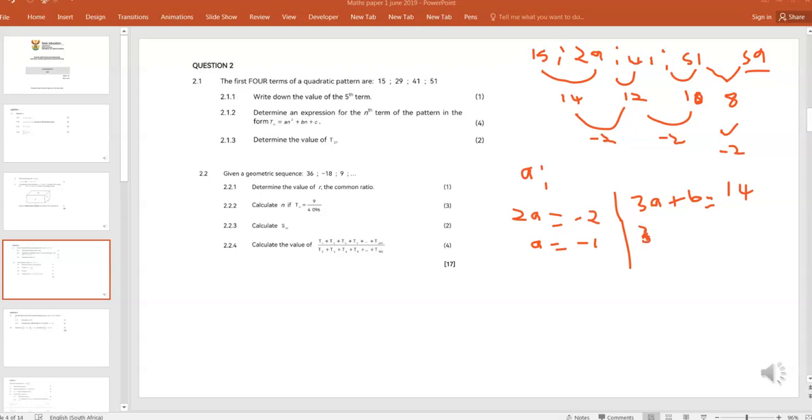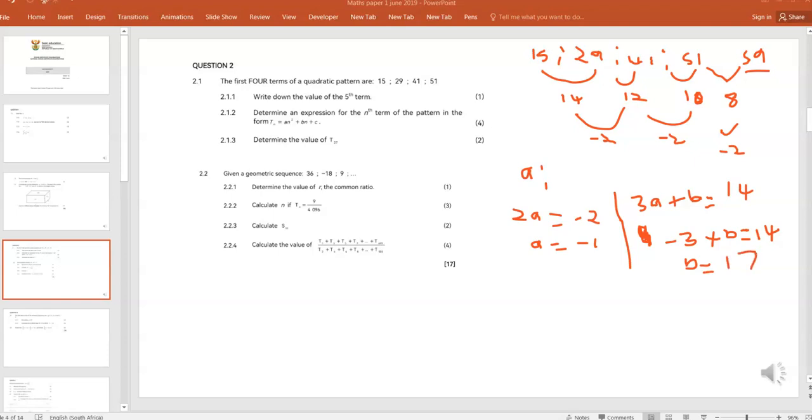To save time, 3 times negative 1 will give us negative 3. So 3 times negative 1 will give us negative 3 plus B that I'm looking for, it's equal to 14. But now we know that negative 3 will go the other side. So B will be equal to 14 plus 3, that will be 17. It's a huge number. Okay, that will be B.